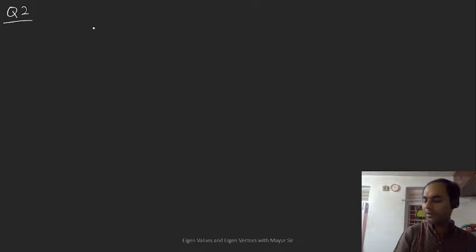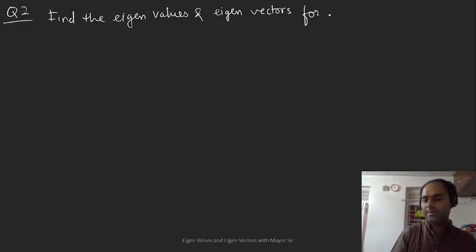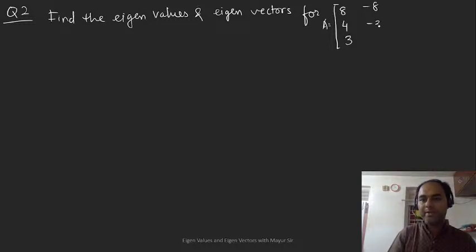Question number 2 here we'll take is this: find the eigenvalues and eigenvectors for matrix A equal to 8, 4, 3, minus 8, minus 3, minus 4, minus 2, and 1.